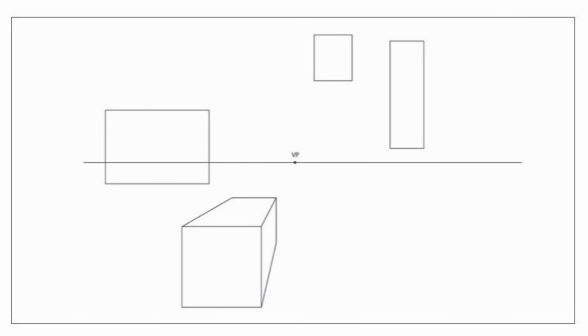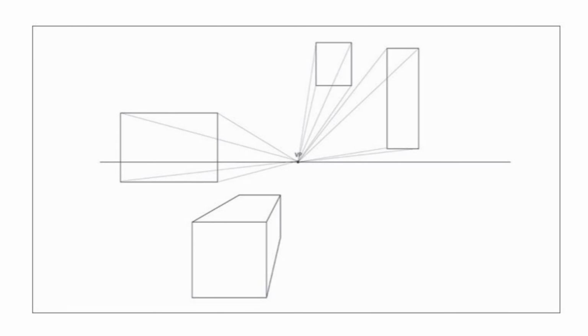And before you move on to your assignment, it really will be beneficial to try out a few more boxes on a blank piece of paper to just get the hang of it. So you can see some of these are above the horizon line, some of them are below the horizon line, some of them are on the horizon line, but all of their lines going from the corners go back to that same vanishing point.